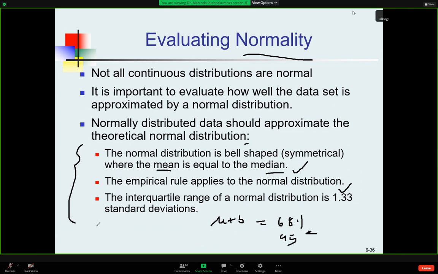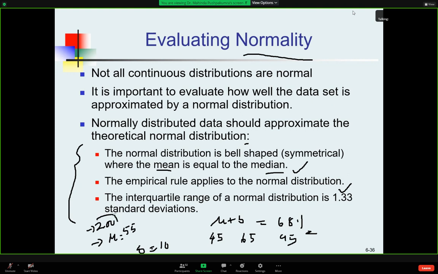Now let's say your sample size is 200 as in our example. You can calculate the mean and the standard deviation. Then you can check within one standard deviation. Let's say mean is 55. Standard deviation is 10. Within one standard deviation means 45 to 65.